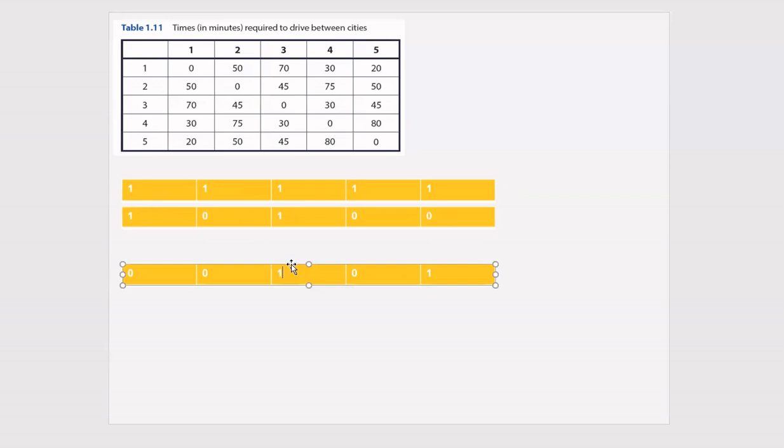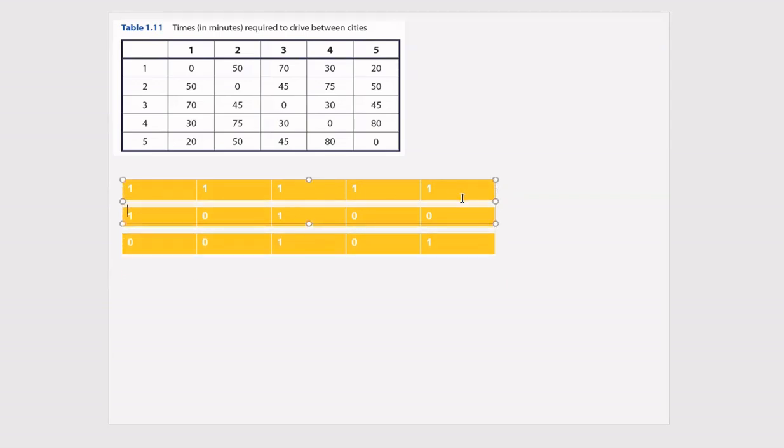The objective function value in the first one is 5, value of z equals 5. The second one and the third one is 2.